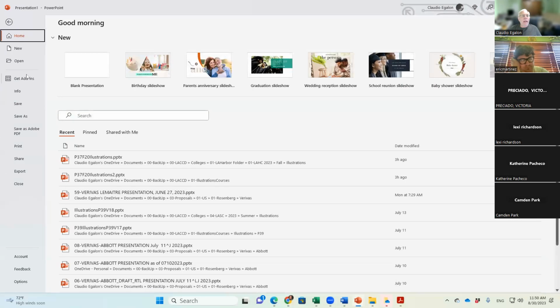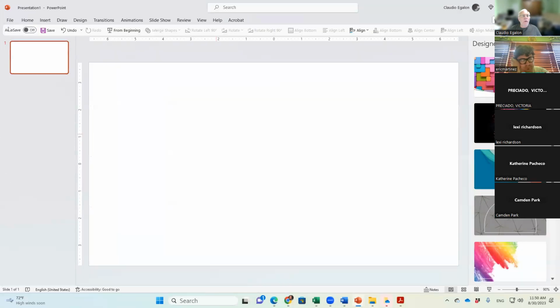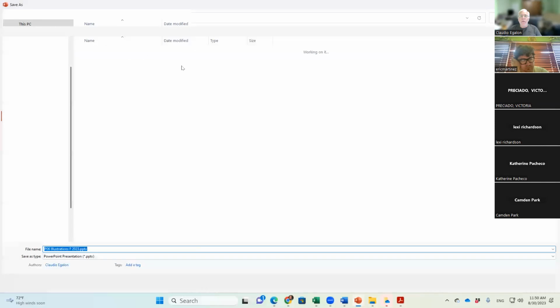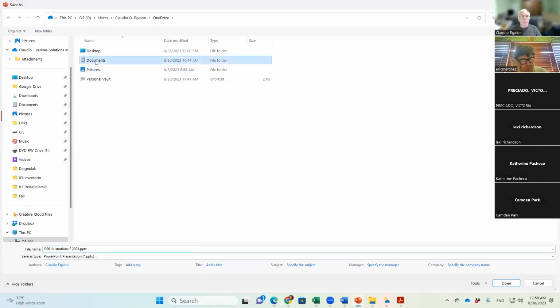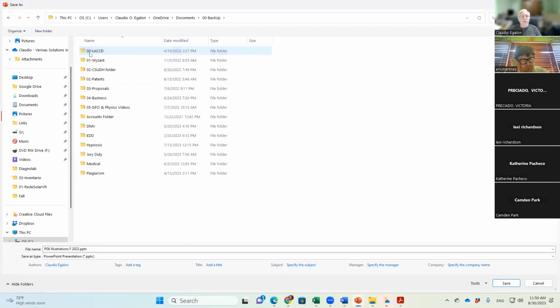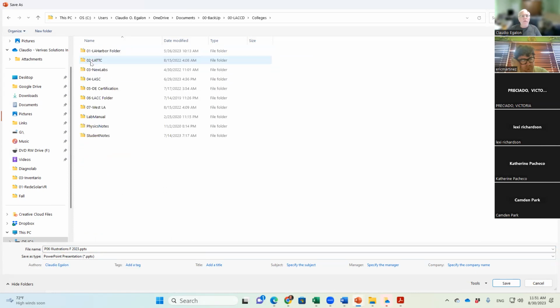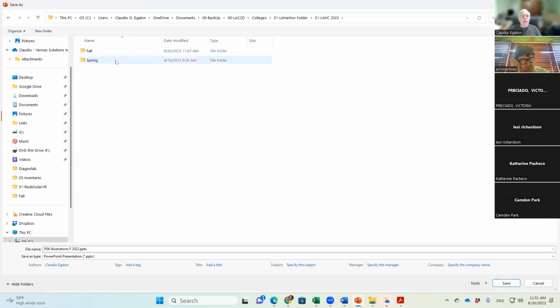I'm going to name that, save as P06 illustrations, Fall 2023. Let's navigate to the folder.